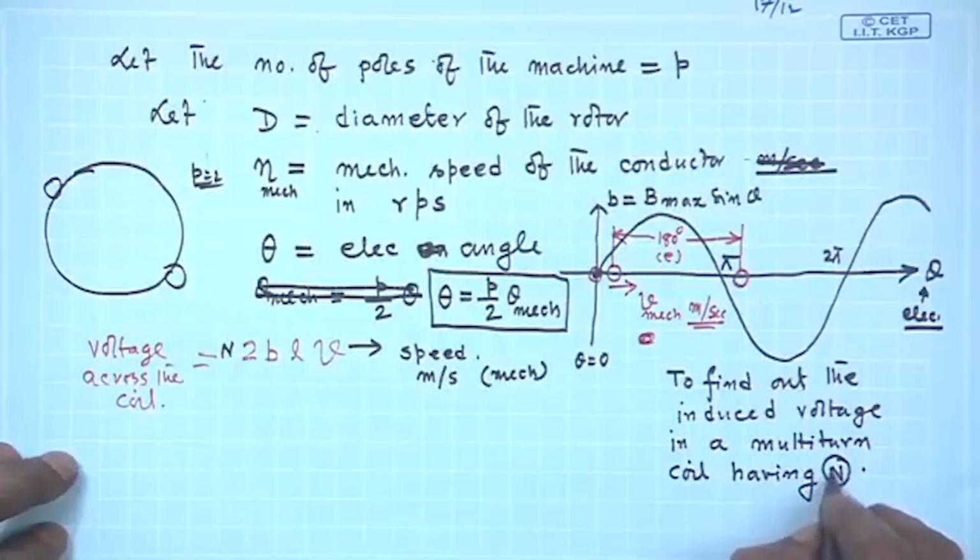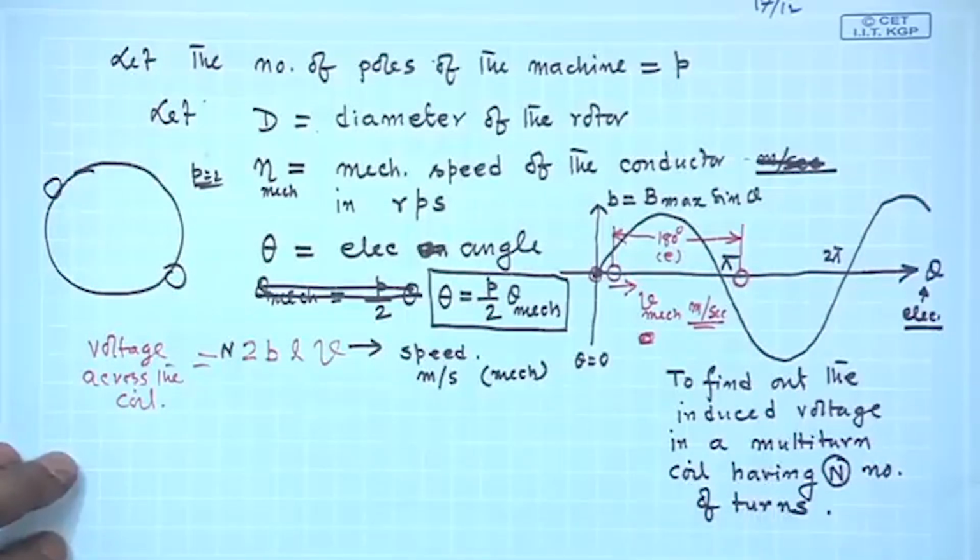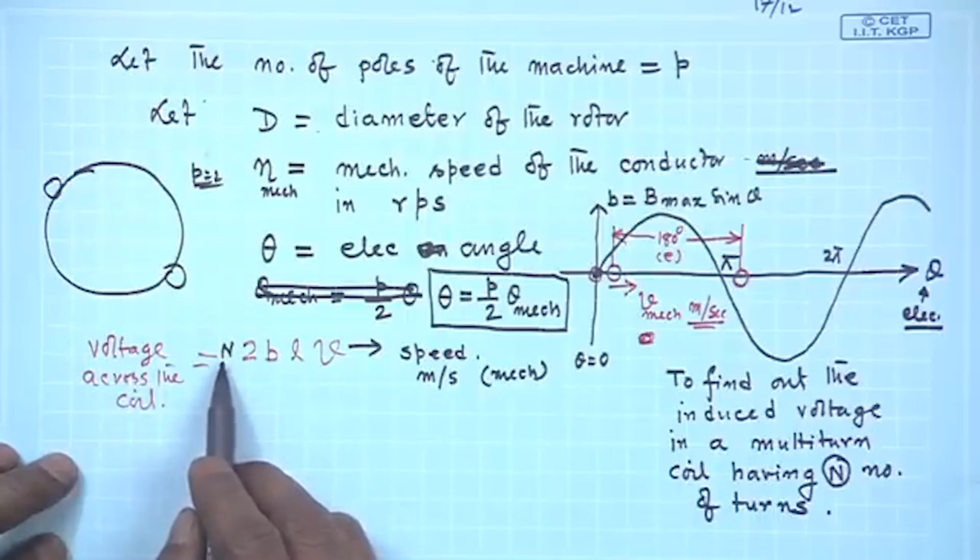Do not confuse it with North Pole. Okay, with respect to context, you have to understand. A coil having n number of turns, that is what I would like to do. Therefore, the voltage across the coil should be multiplied by n.